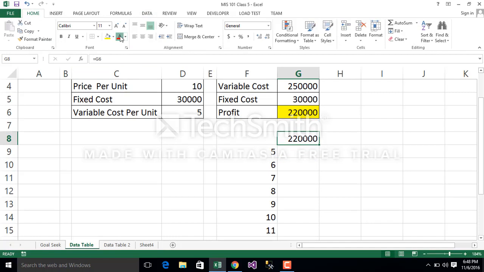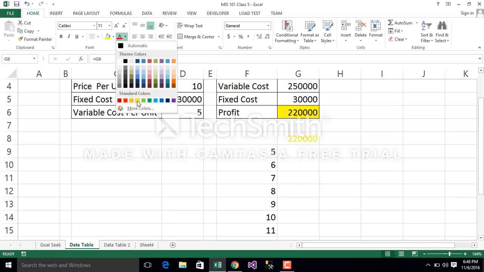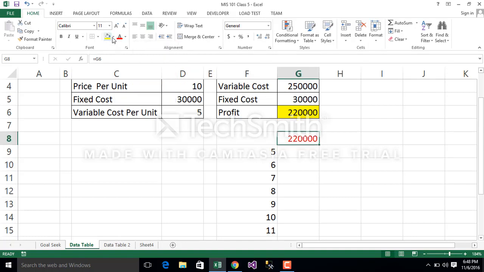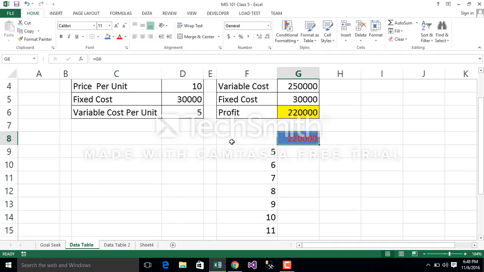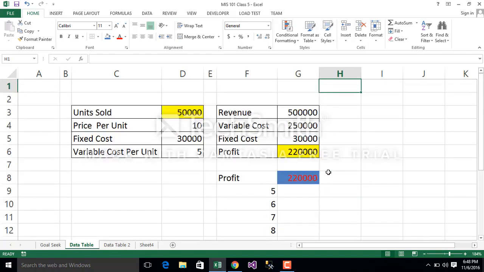So write the formula here, and this is profit. So what do we have to do? We have to copy the formula cell, and by this way, everything remains the same according to our previous problem.